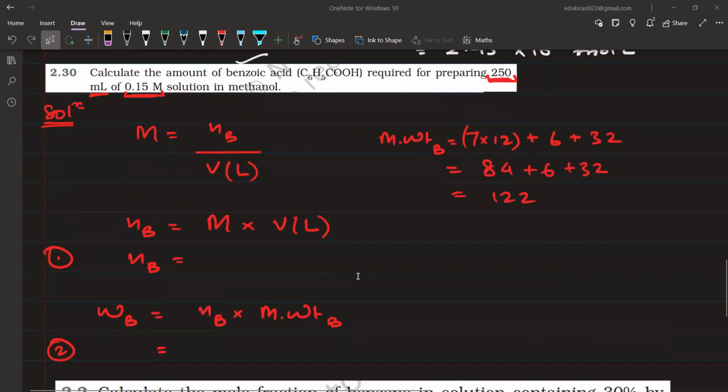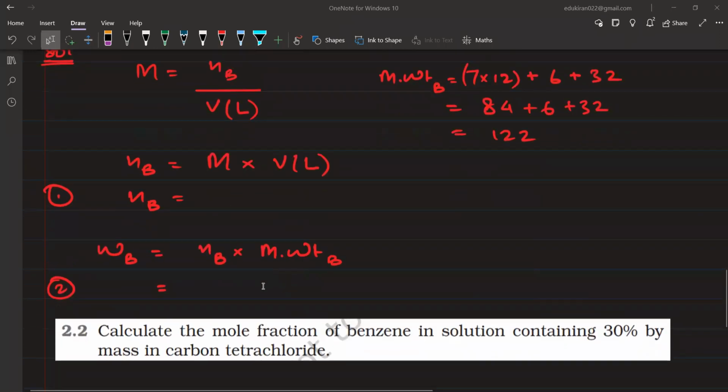Okay. Yeah, number of moles is correct. Then multiply it with the molecular weight, you will get the answer. Yes, Fahad, very good. That is correct. I hope all of you are getting number of moles as 0.0375. Yes, Aram, very good. Correct.